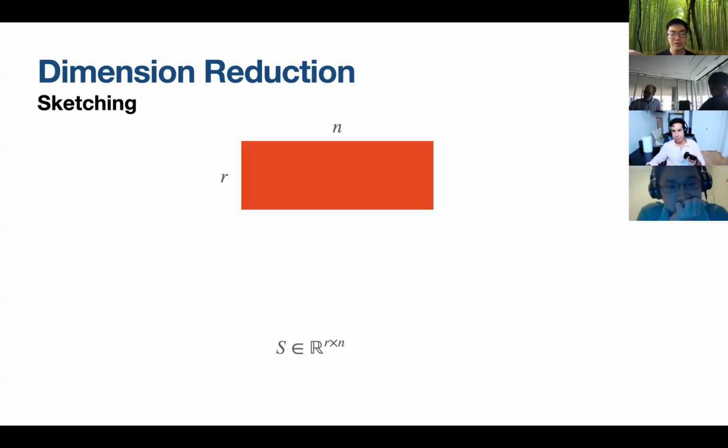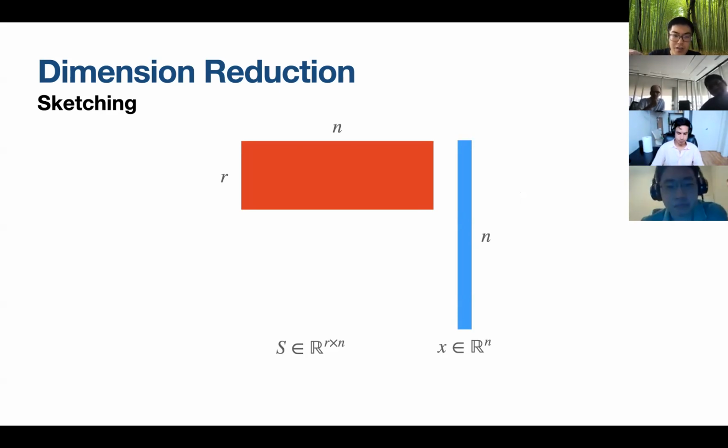To illustrate this in pictures, we basically want to choose this random matrix S, which is R by n. And notice that R here is very small compared to n. We want the property that if we have a fixed vector x in n dimensions, then this product S times x well approximates the original vector x.